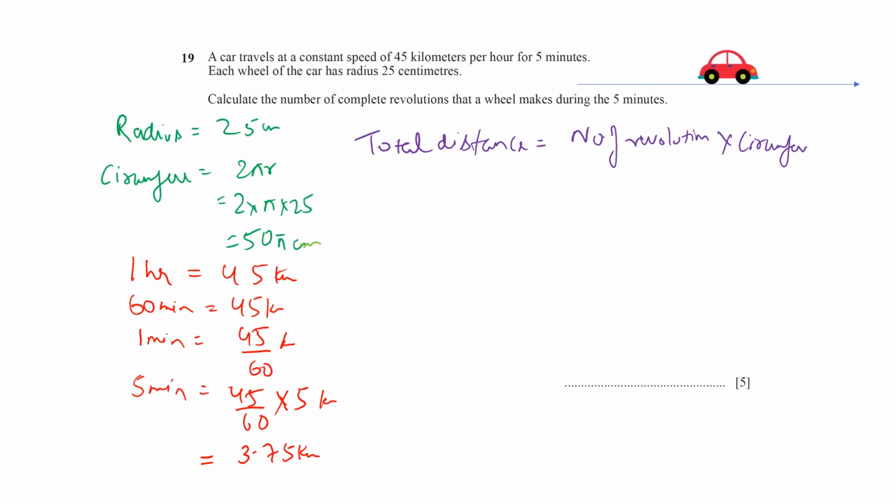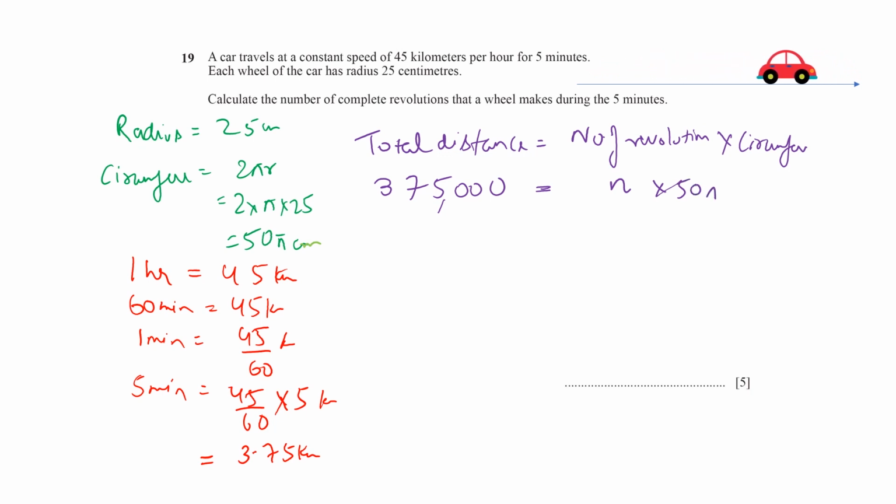Okay, now first we need to convert 3.75 kilometers into centimeters. So 3.75 kilometers in centimeters will be 375,000. Number of revolutions we need to calculate, let's say it's n.